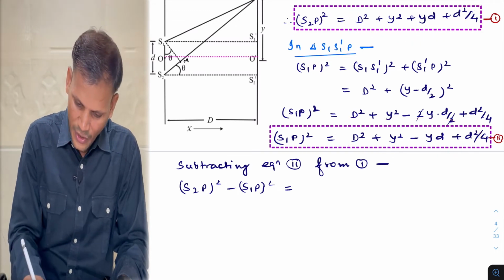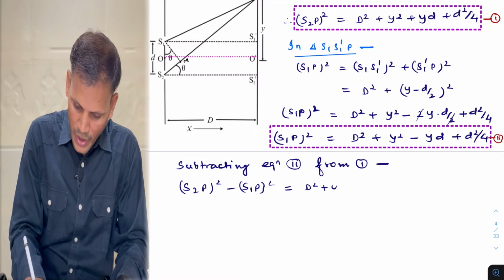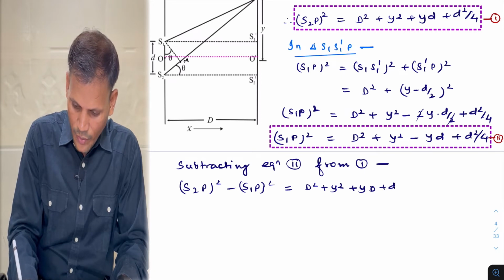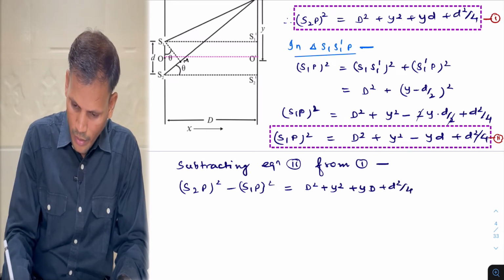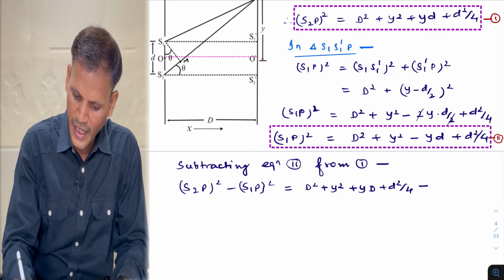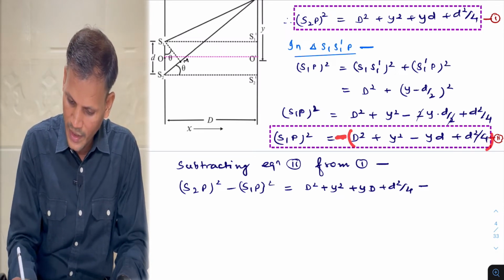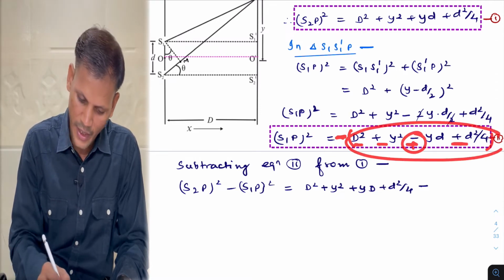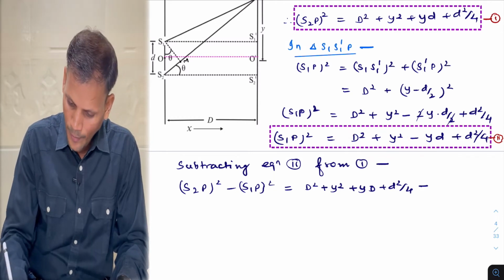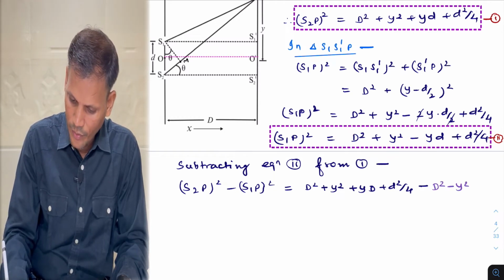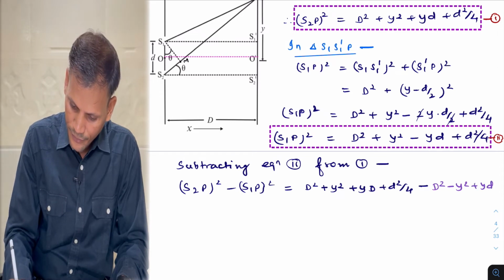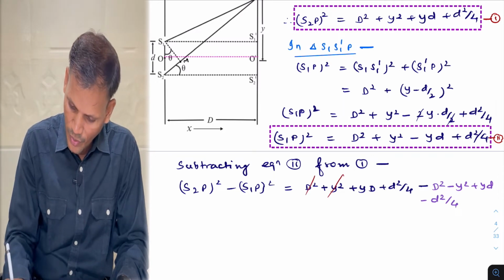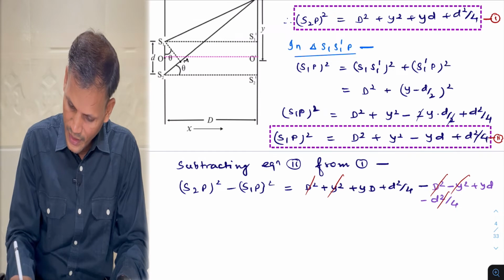So once we write all the terms: d square plus y square plus yd plus d square by 4, minus, the entire sign will change. This minus will be plus, and apart from that all terms will be minus. So just in a single step I will write minus d square minus y square plus yd minus d square by 4. Now we can cancel all the terms, d square and y square, plus and minus.